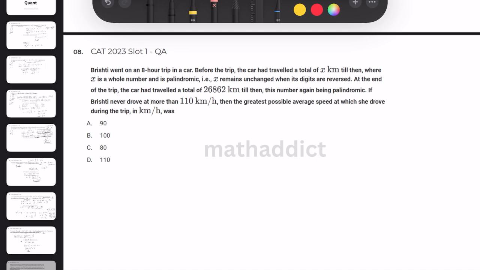Brishti went on an 8-hour trip. This is the final distance, and x was the initial.